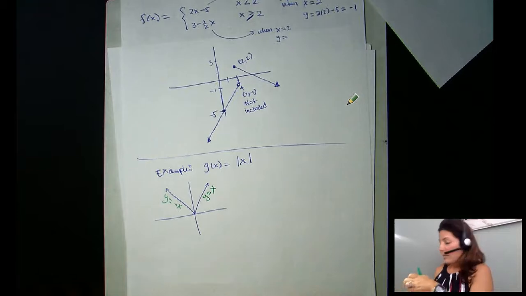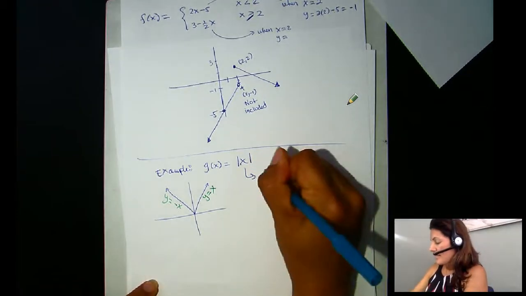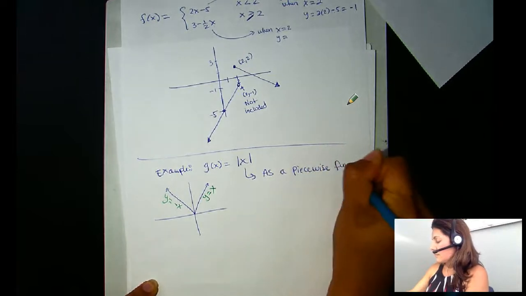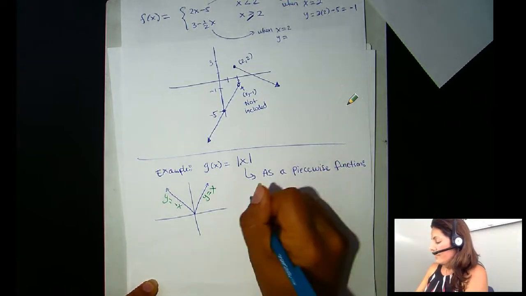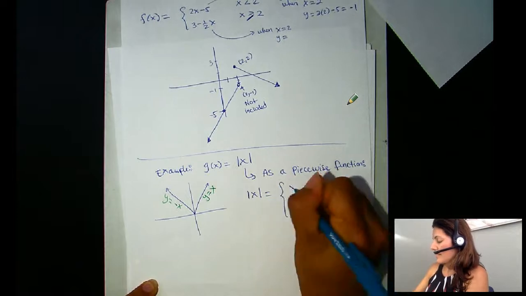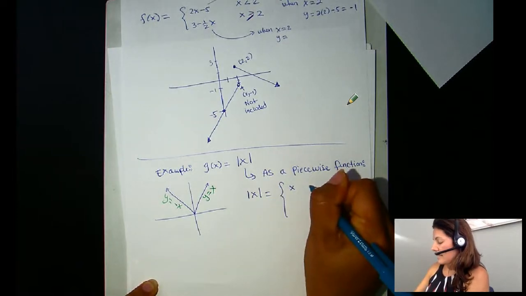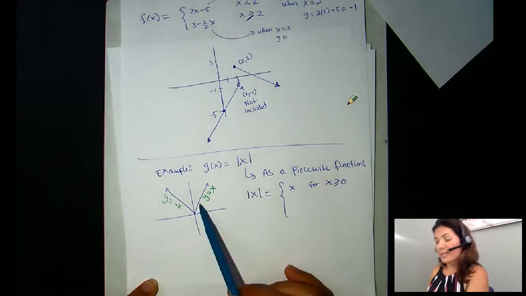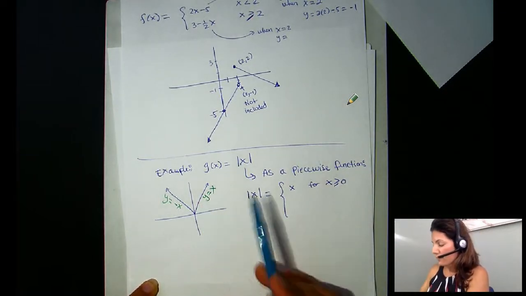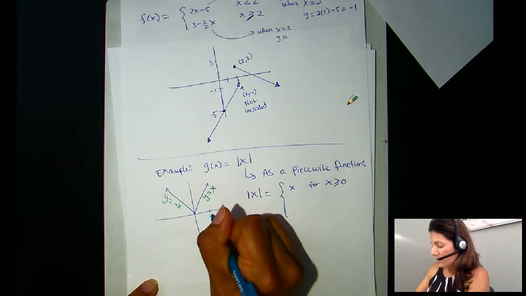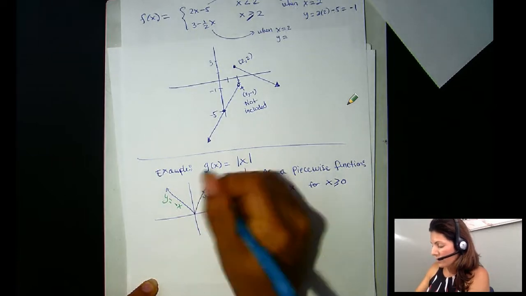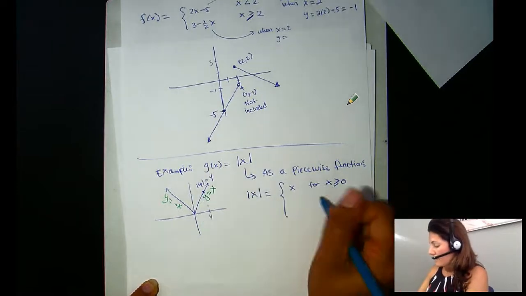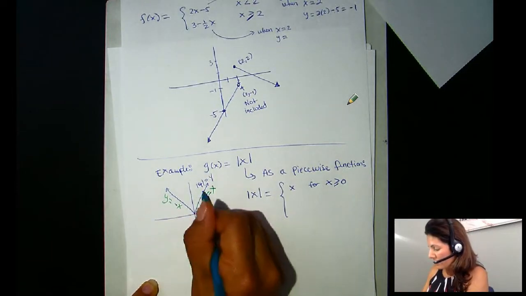And so the absolute value of x as a piecewise function would be x when x is greater than or equal to 0. So when x is positive, the absolute value of a positive number stays positive. So if you go here to 4, the absolute value of 4 is 4. But what is the absolute value of negative 4?